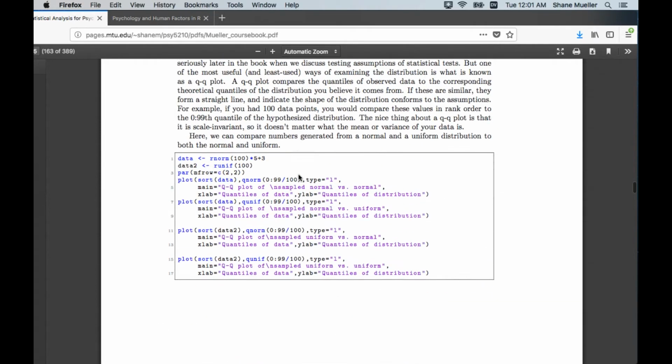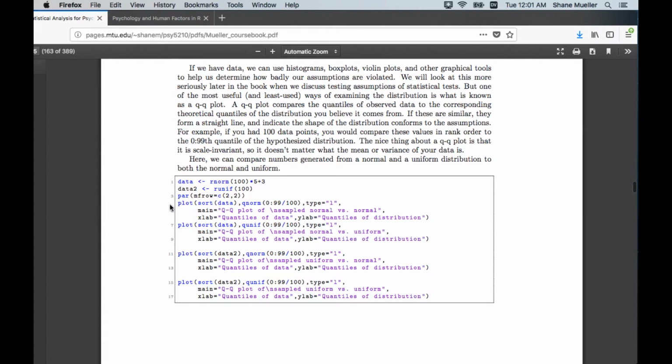And so here I'm making a QQ plot by hand. It's sort of tricky if you have data from different numbers of samples, because then you have to make sure all of the points you have in your data have an equal number of points in the distribution you're comparing it to.